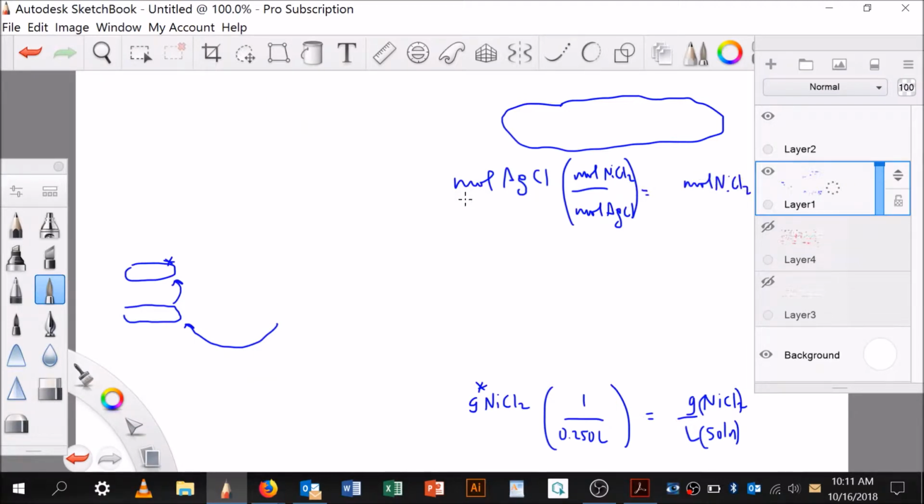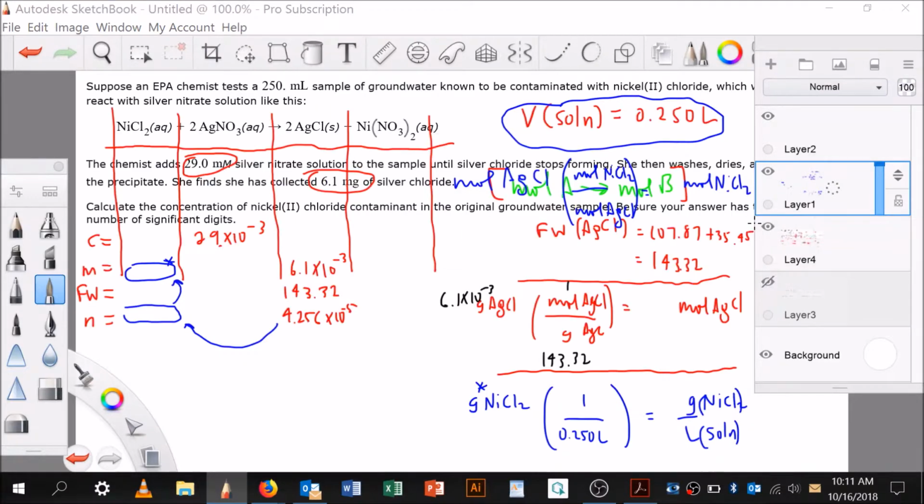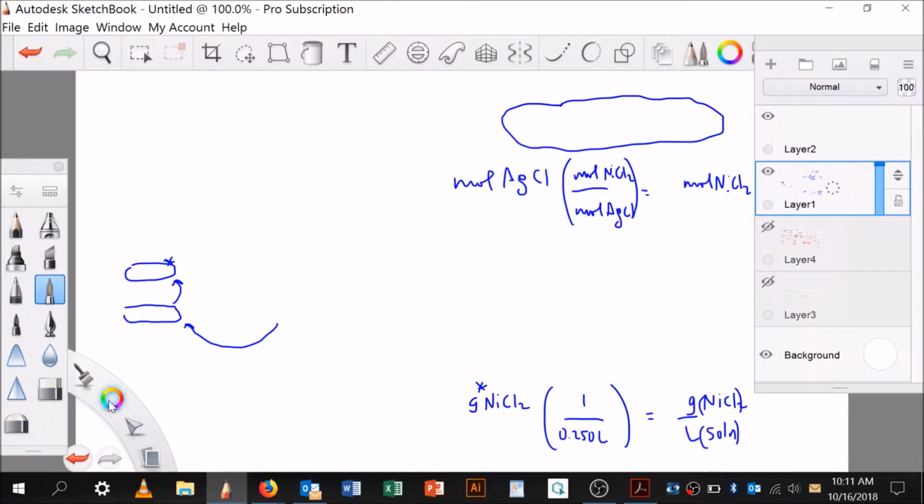Okay? And that's the way I'm going to do it. So I'm going to come back over here and find what my actual moles was. 4.265 times 10 to the negative 5. And I think this molar ratio was 2-to-1.